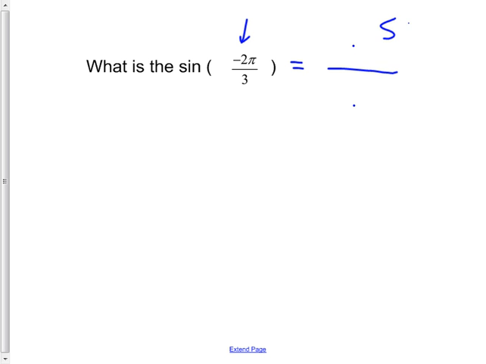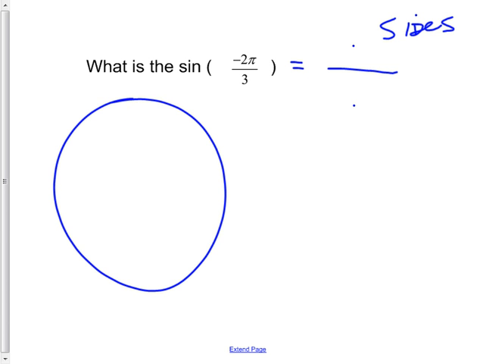What I want is the sides. The angle is already given to you. It's not in degrees, but it's in radians, but you get the idea. If there's pi in it, they've given you radians, so they're giving you the angle. They have given me the angle. They want the sides.